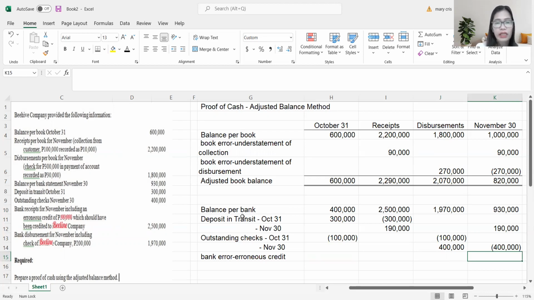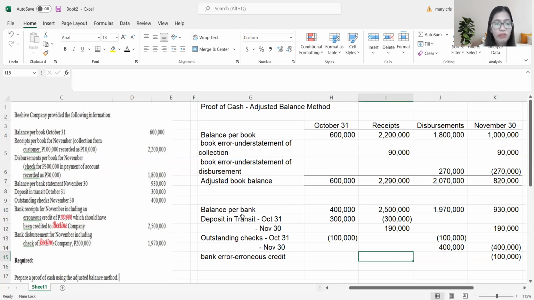So to correct that, we'll just have to deduct 100,000. Okay? So now, asan siya may effect? May effect ba siya sa receipts or sa disbursement? So nung credit ng bangko yung 100,000, of course affected ang kanyang mga bank credits, no? Affected ang kanyang bank receipt.